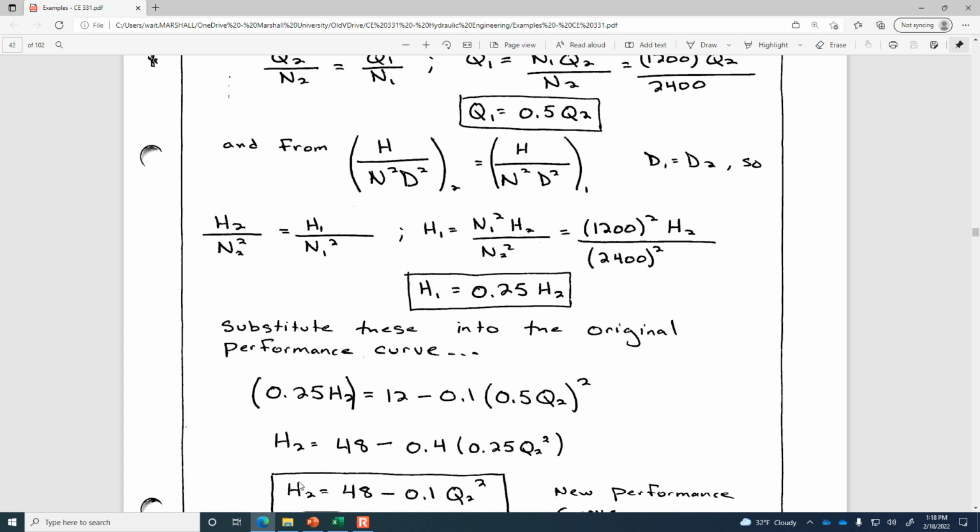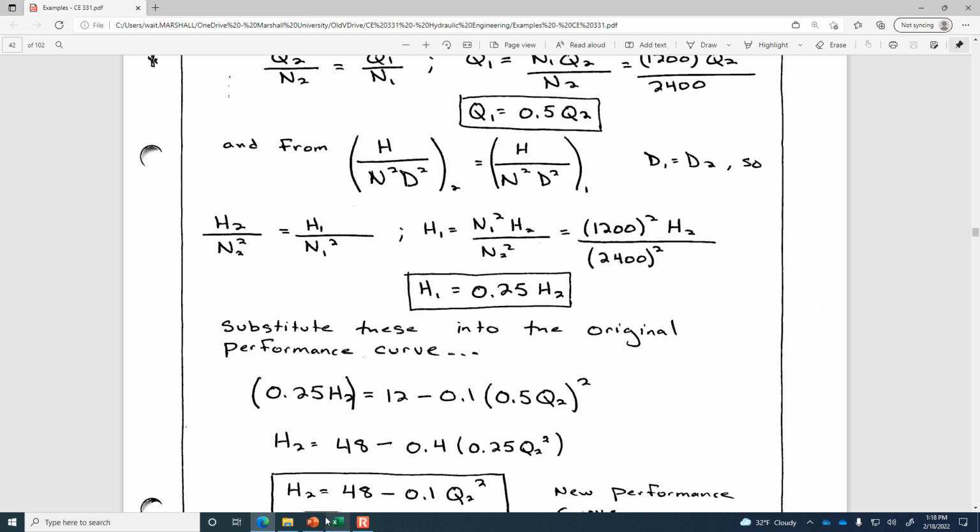So in the end, our new performance curve, for the original pump being rotated at 2400 RPM instead of 1200 RPM, is going to have 48 for the cutoff head and then minus 0.1 Q squared.